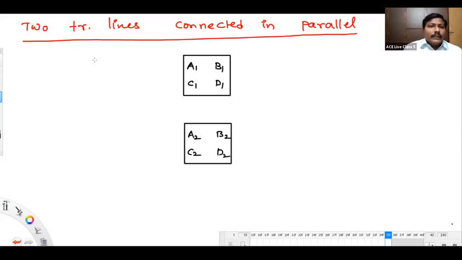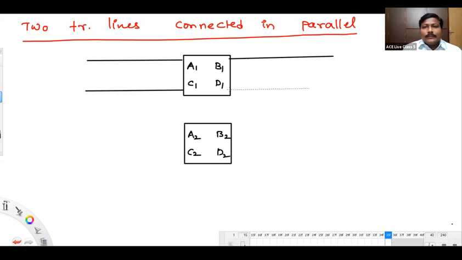So these two lines we have to connect in parallel as we said just now.